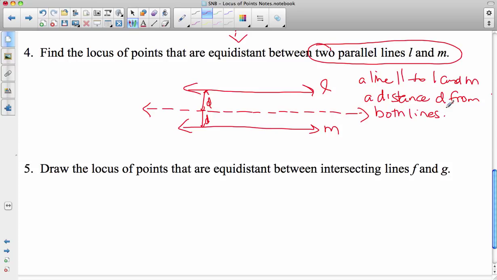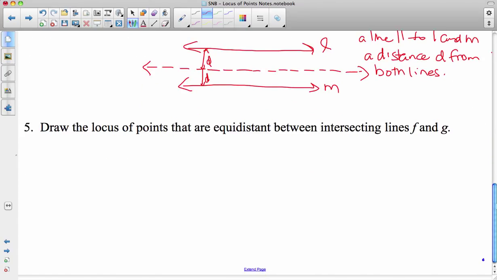Now you could also say through the middle, or however you would like to describe it, as equidistant between those two. Okay, and the last example is draw the locus of points that are equidistant between 2 intersecting lines F and G.